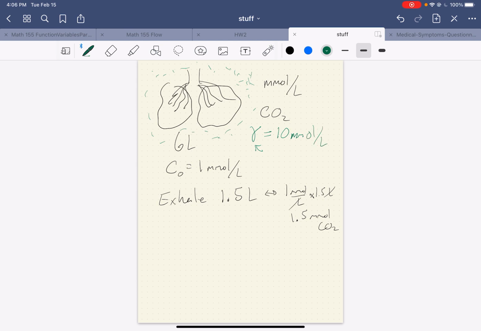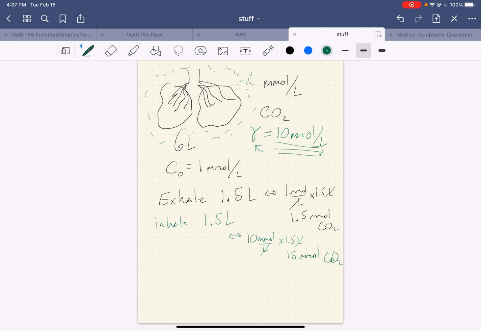So when I inhale, this is the stuff I'm inhaling. I inhale the same volume, 1.5 liters. But in that volume, there's 10 millimoles per liter times 1.5 liters. Liters cancel. I've just gained 15 millimoles of CO2.